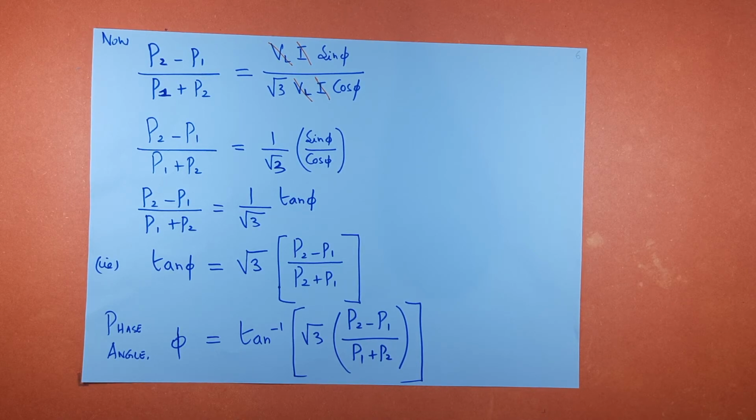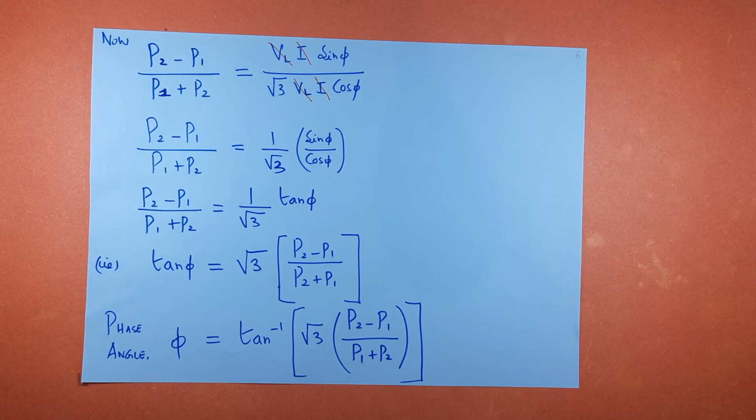equals, just substitute the corresponding values, VL I sin phi divided by root 3 VL I cos phi. P2 minus P1 divided by P1 plus P2. So VL gets cancelled, I gets cancelled. So we have 1 by root 3 sin phi divided by cos phi.